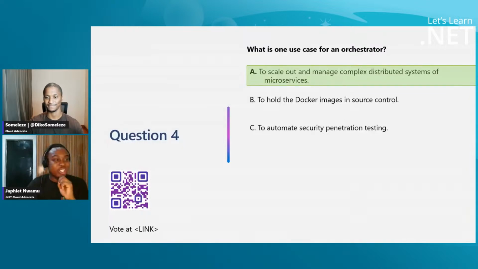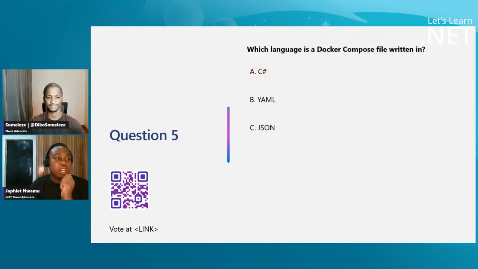The next question is, what language is a Docker Compose file written in? Sumilizi mentioned this and I took note of it, but I'm not going to say the answer. I am going to keep that to myself as well.